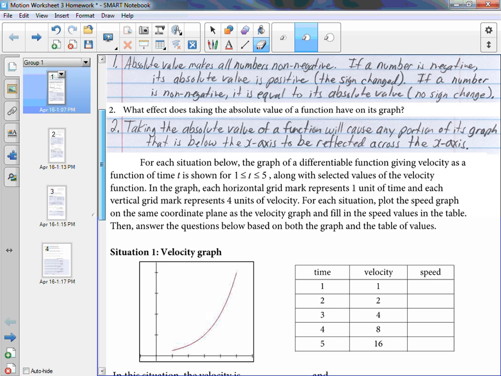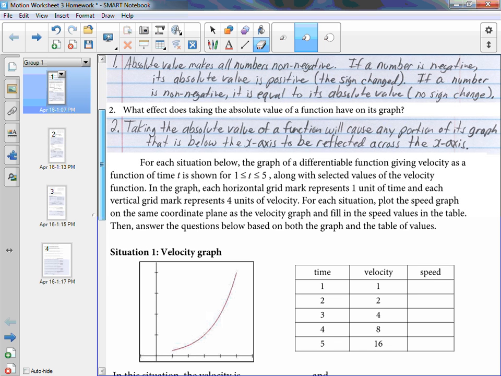In the graph, each horizontal grid mark represents 1 unit of time, and each vertical grid mark represents 4 units of velocity. For each situation, plot the speed graph on the same coordinate plane as the velocity graph and fill in the speed values in the table. Then answer the questions below based on both the graph and the table of values.